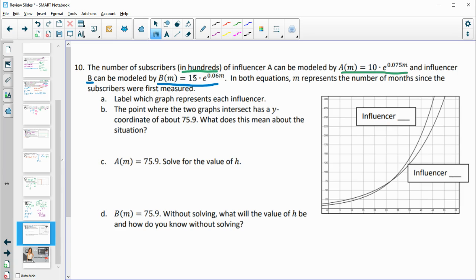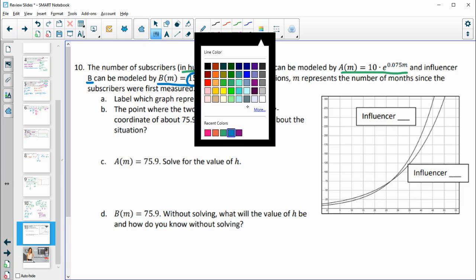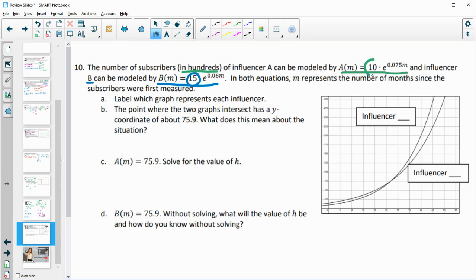So in both equations, we can look at the initial amount. So this 1,500, right? And this 1,000. So 1,500 and 1,000. But we can see that influencer A will be the one that started lower. So we can look here and we see that this equation here started lower.